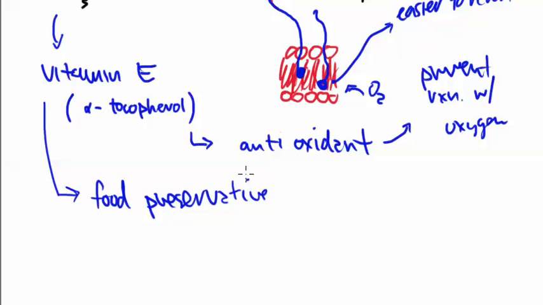It's typically used in highly fat-containing foods. So if there is a very high fat content in the food that they want to preserve, then tocopherol or vitamin E is going to probably be listed on that ingredient list for you. Just like sodium benzoate, back in the day when you worked with it, that was a food preservative. This is another alternative food preservative as well.